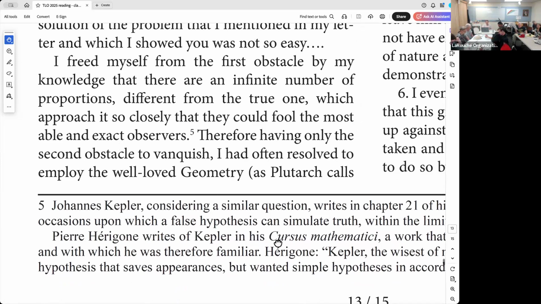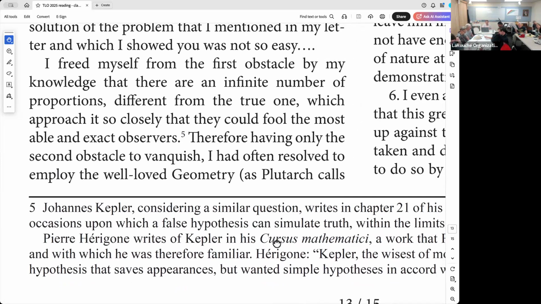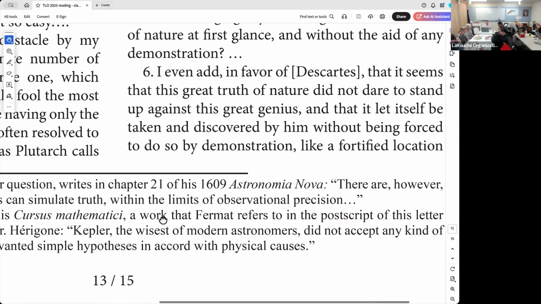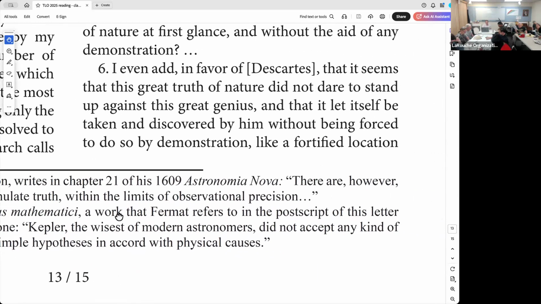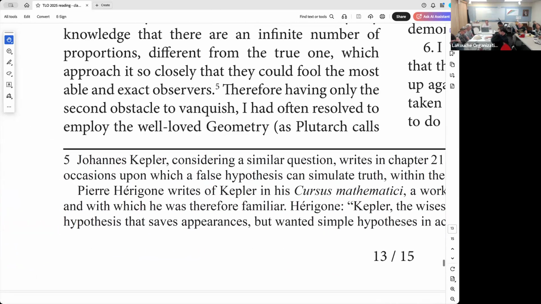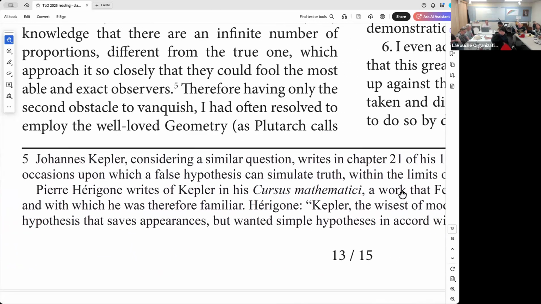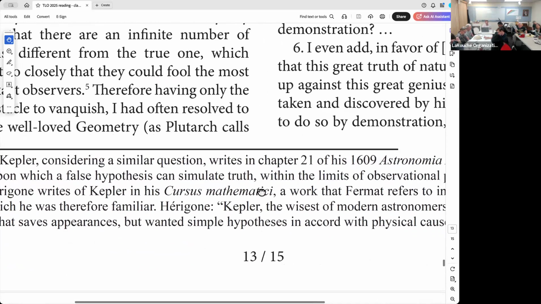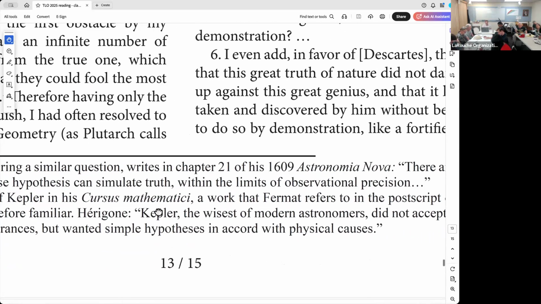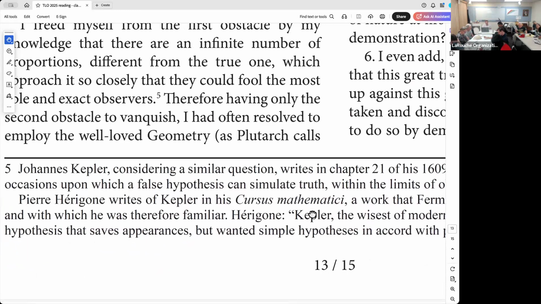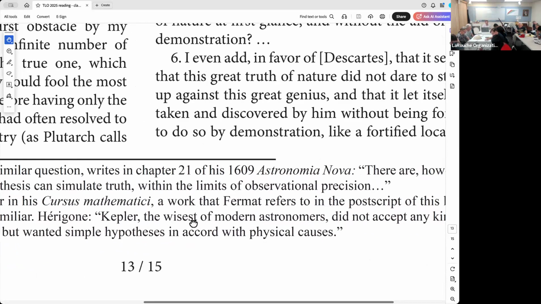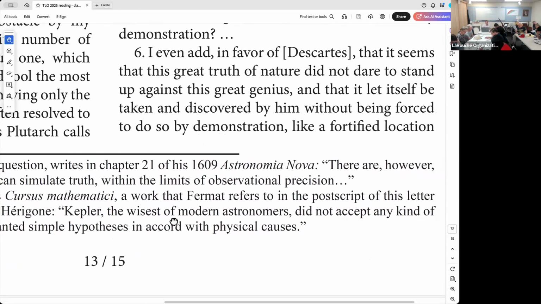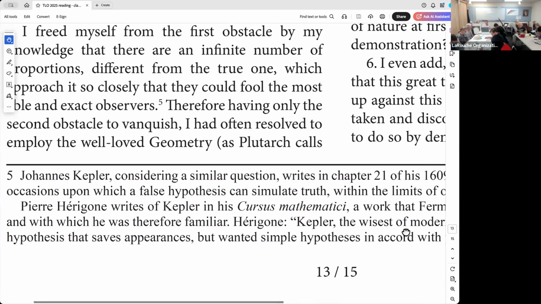Go ahead. Johannes Kepler, considering a similar question, writes in chapter 21 of his 1609 Astronomia Nova, there are, however, occasions upon which a false hypothesis can simulate truth within the limits of observational precision. Pierre Hérigone writes of Kepler in his Cursus Mathematicus, a work that Fermat refers to in the postscript of this letter, and with which he was therefore familiar.